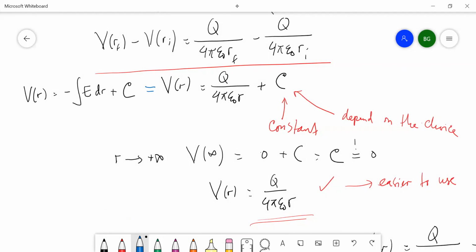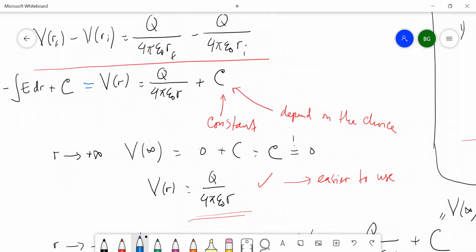For example, if we take R to infinity, plugging it in we get Q over 4 pi epsilon 0 R. If we take the limit R to infinity, the first term on the right-hand side vanishes, and then plus C, so this is equal to C. We could take C equals 0.